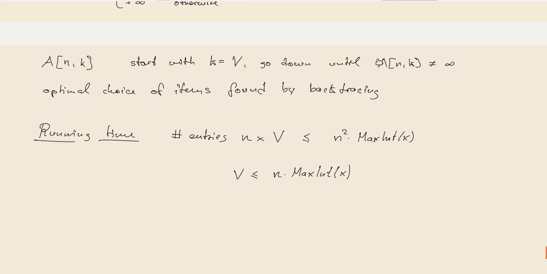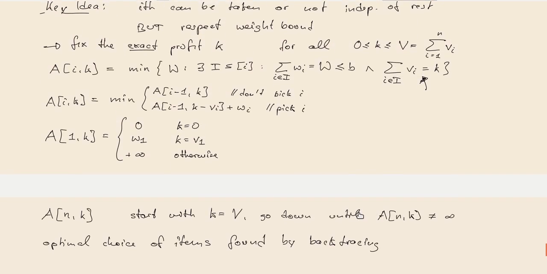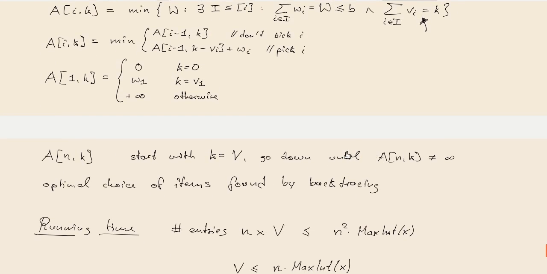Now the running time of the algorithm is actually a slight bit more, because here we have the number of entries, times the time to compute one entry. It's O(1) in the uniform model. But here we have to deal with numbers in the recurrence that might get large.